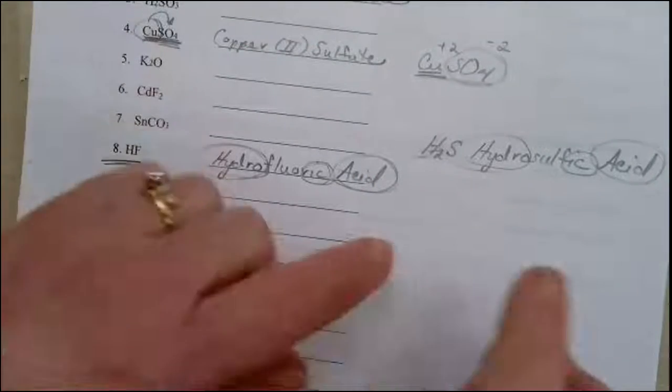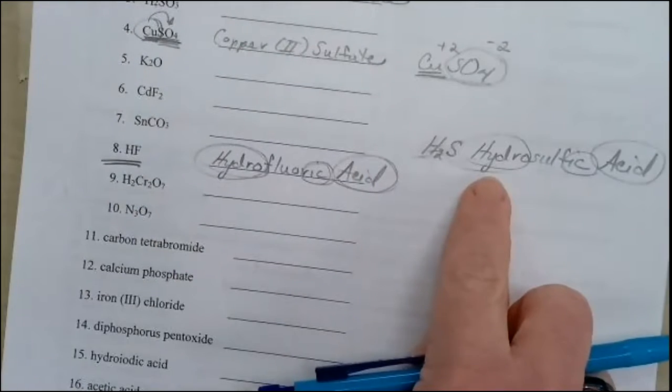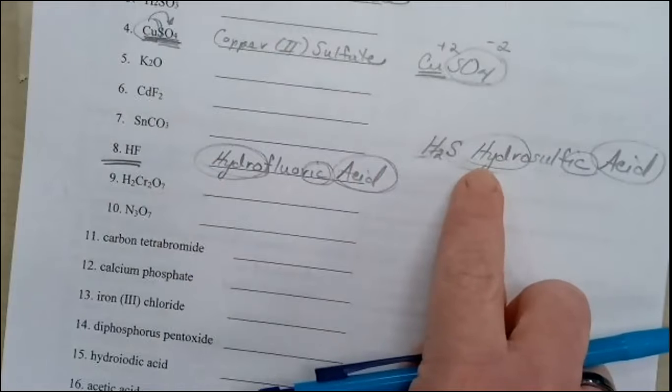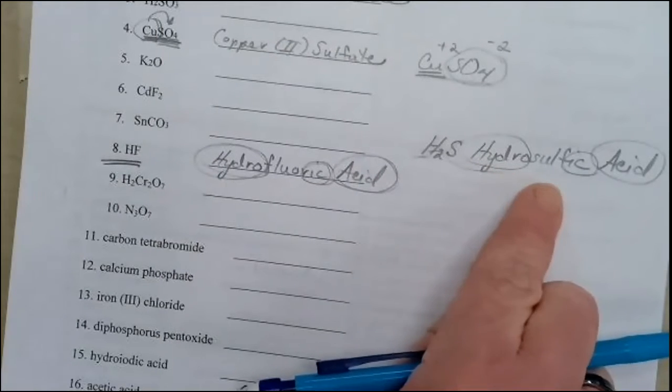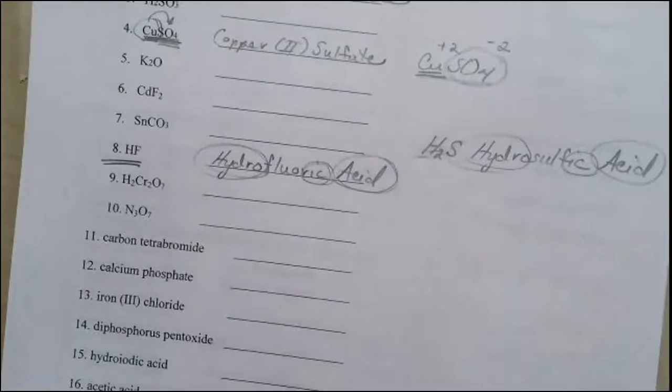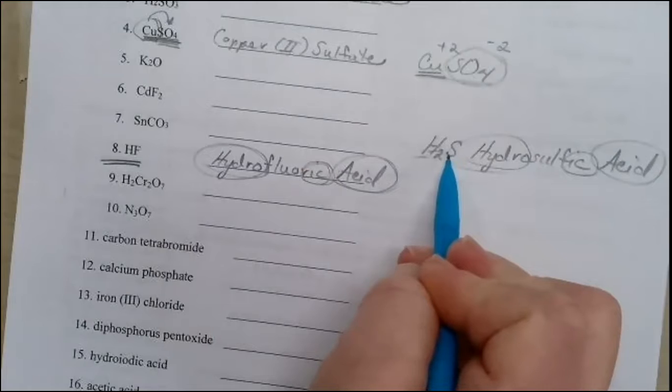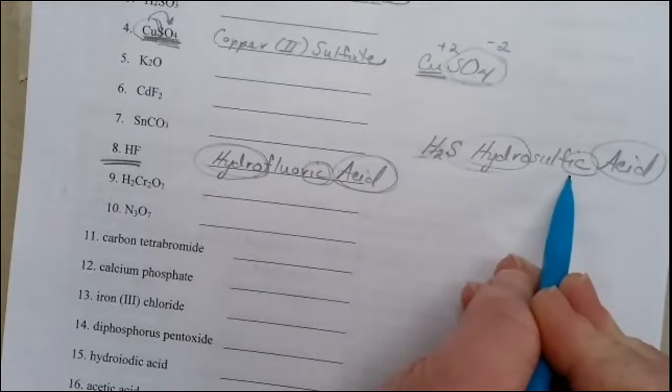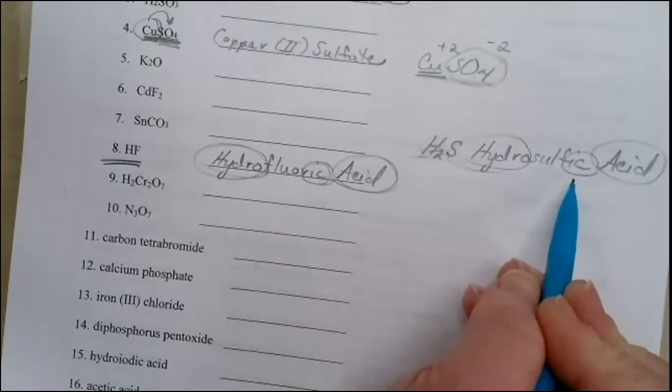A lot of names get slightly adjusted, often because of mistakes that were made. So Noah, this is perfect. We attach the prefix of hydro, we drop the ending of our anion and replace it with ic. So of course, sulfur would become sulfic, but actually probably somebody mislabeled a bottle and it just got replicated.